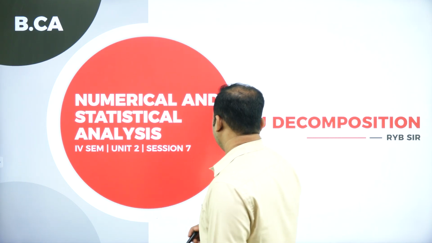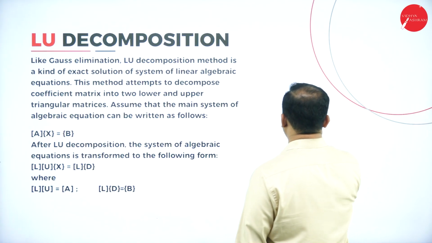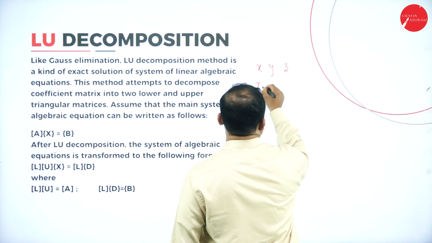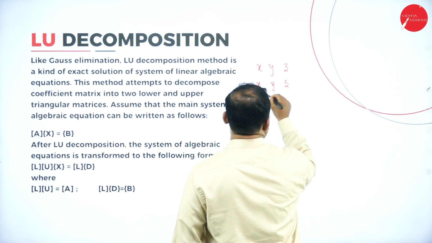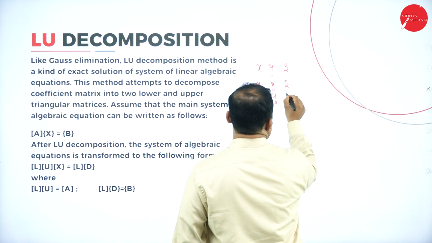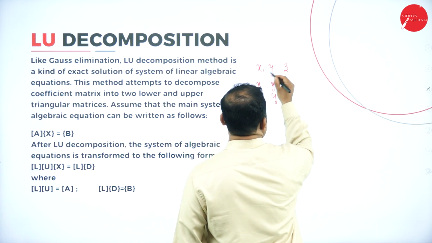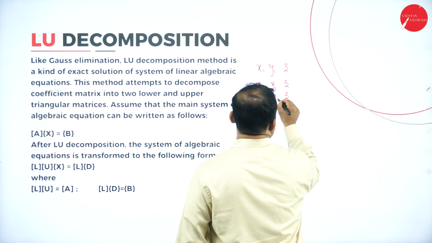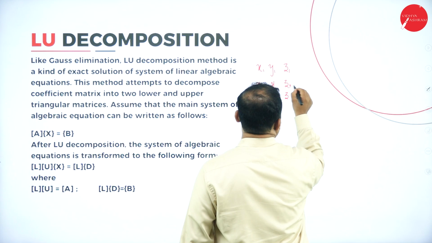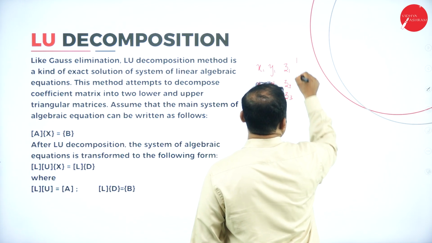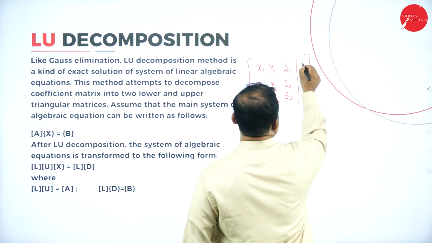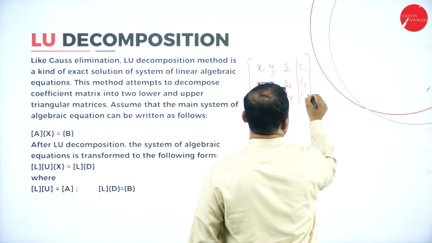That means if there is a case with x, y, z, x, y, z, x, y, z, let me call these 1, 2, 3. The constants written on this side are considered as C1, C2, C3.